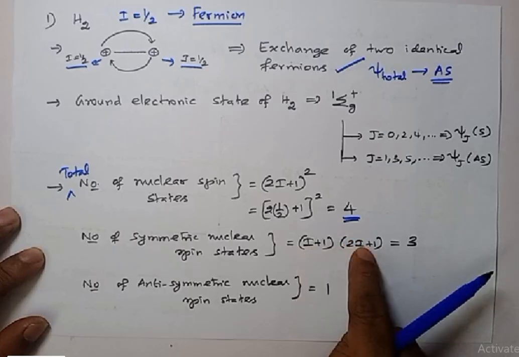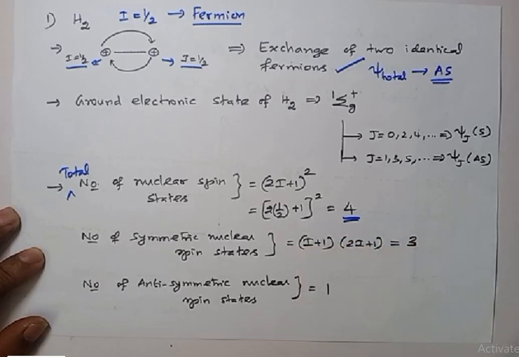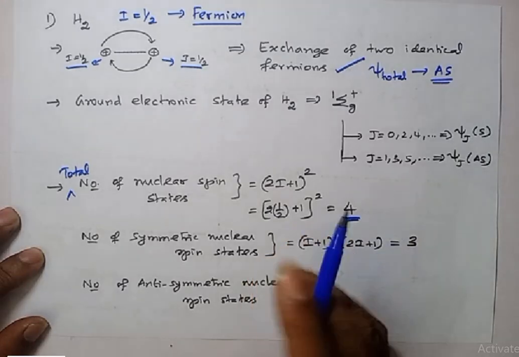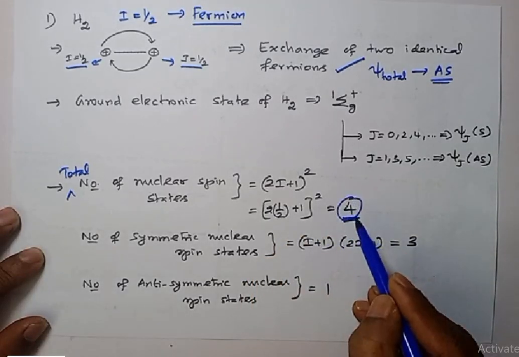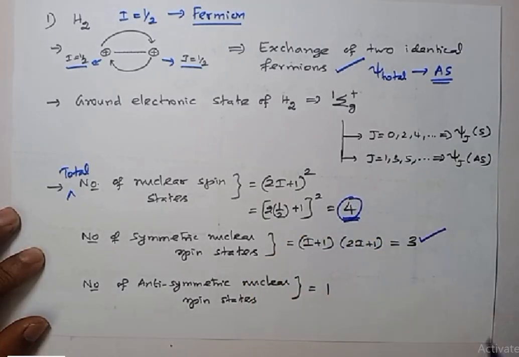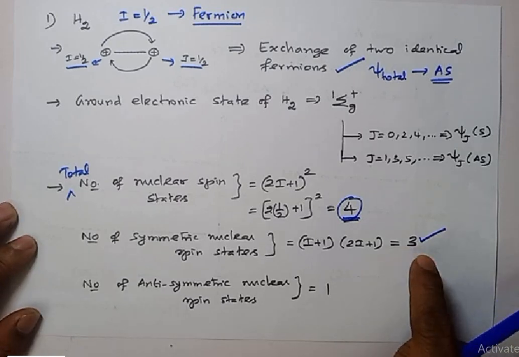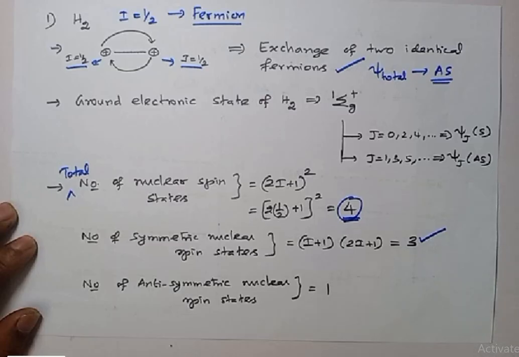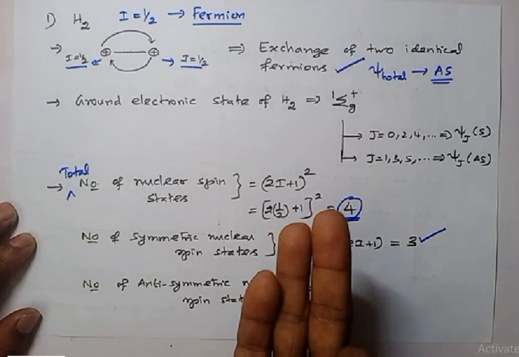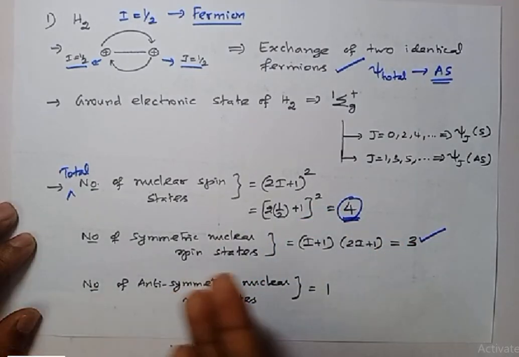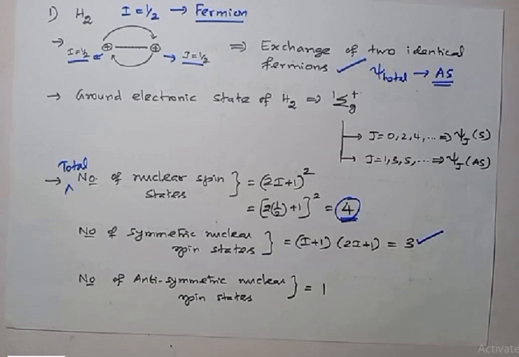So 3 by 2 into 2 gives 3. What is the meaning? Out of 4 nuclear spin states, 3 of them are symmetric nuclear spin states, and the remaining one is an antisymmetric nuclear spin state. So 3 are symmetric and 1 is antisymmetric.